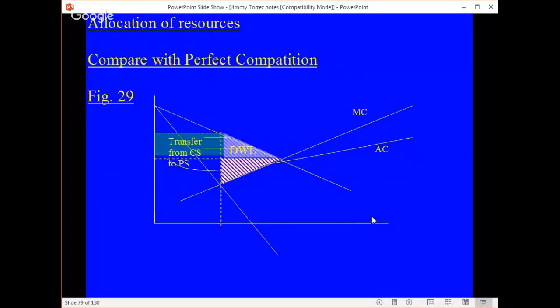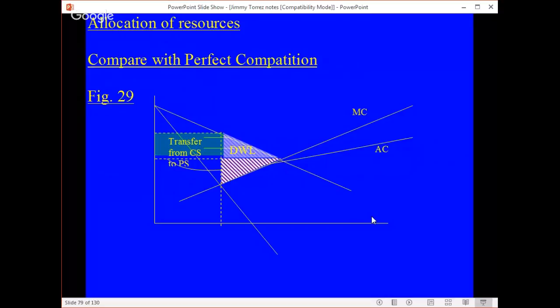Okay. So now I want to compare monopoly with perfect competition, right? Under perfect competition, we saw that the supply curve in the industry was simply the summation of all the marginal cost curves.